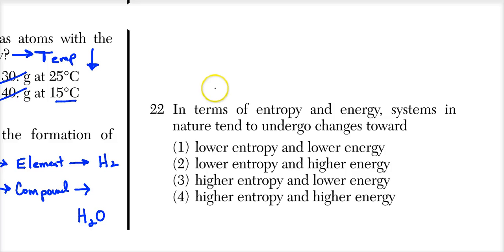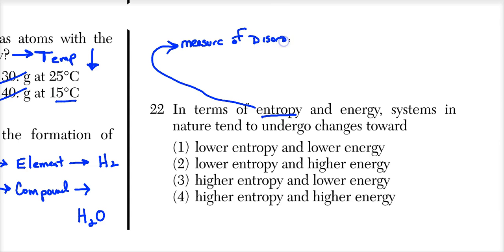All right, number 22. In terms of entropy and energy, systems in nature tend to undergo changes toward what? Entropy is something you should have learned, and it's the measure of chaos or disorder. And you should have remembered that in nature, the universe's entropy is always increasing if the process is spontaneous.